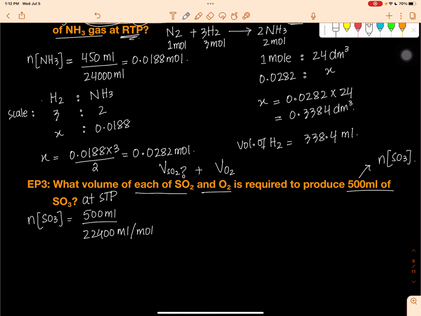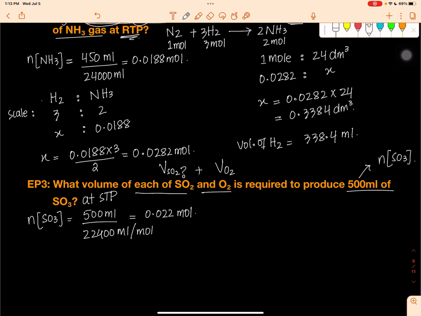So 500 upon 22,400, we get 0.022 moles of sulfur trioxide which is being produced.